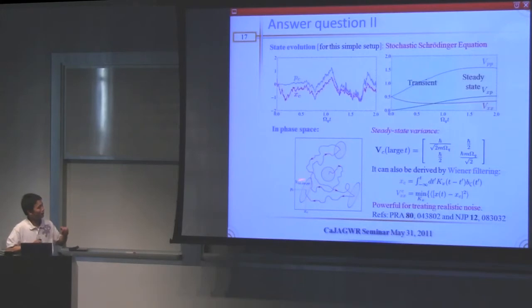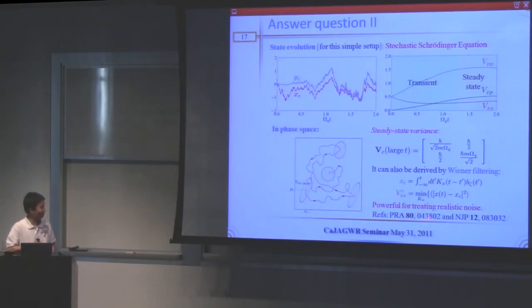Okay, so if you just want to get this steady state value for the uncertainty, or if you just want to know the final state of this test mass, instead of looking at the transient behavior, it can also be derived by using Wiener filtering. This was developed by Yanbei Chen in the early 2000s, and then you can get this exact same formula here. And by using Wiener filtering, you can also deal with more complicated noise, like noise with a more complicated spectrum instead of the very simple noise spectrum in this simple model.